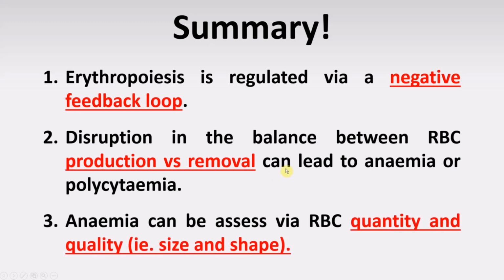And lastly, anemia can actually be evaluated either by looking at the quantity of the red blood cells or the quality of the red blood cells itself. When we use the word quality, what we are referring to is actually the size as well as the shape of the red blood cells itself. Okay? And how we actually apply this to assess anemia is what we are going to learn in the next live lecture.